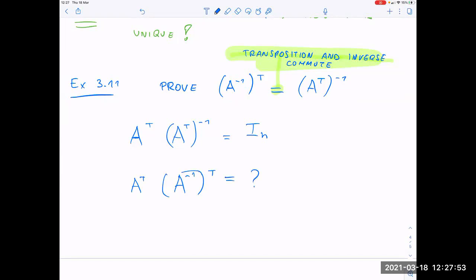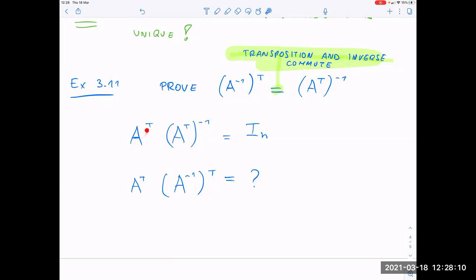If I prove that this product is equal to the inverse, I prove that this is equal to that, right? This is what we need to prove. This is what we know.